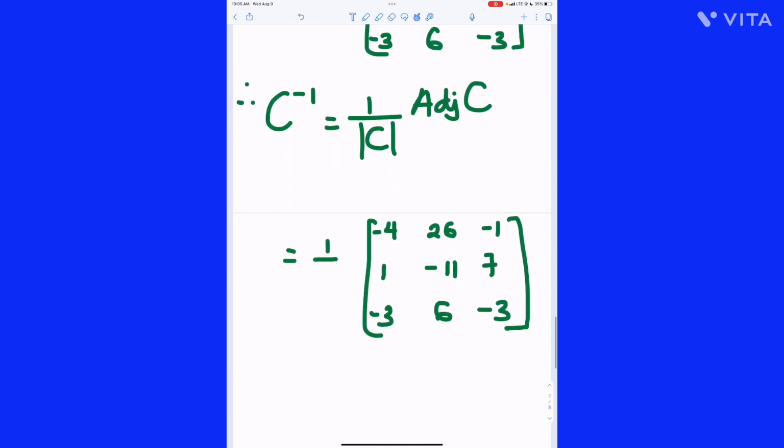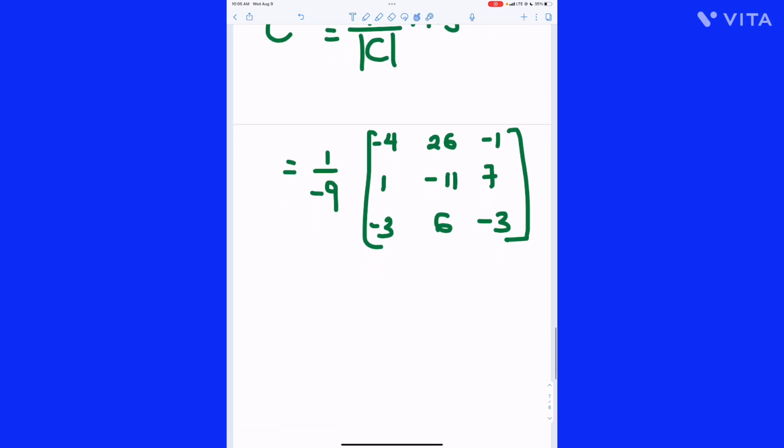The determinant of C is what? Minus 9. So finally, that gives me minus 1 over 9. Okay, I just need to multiply each element by minus 1 over 9.